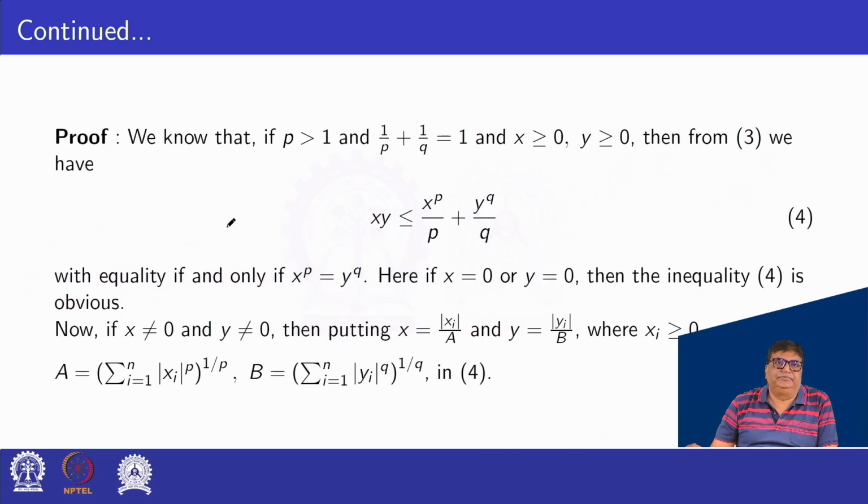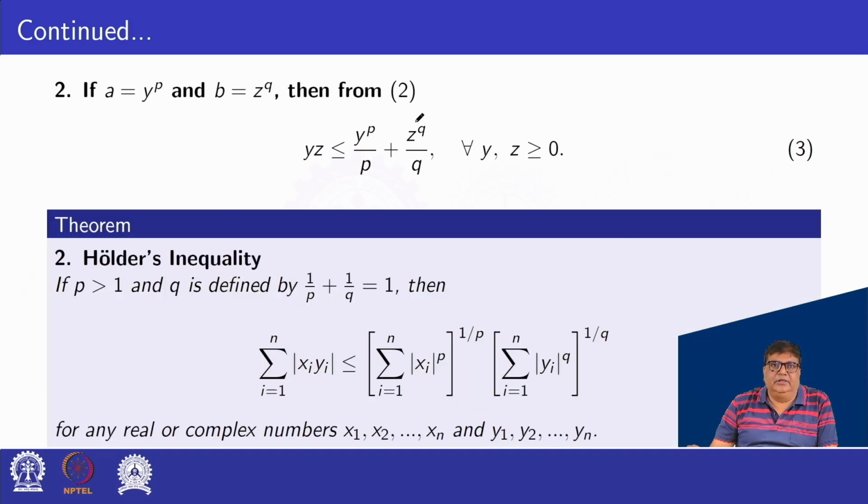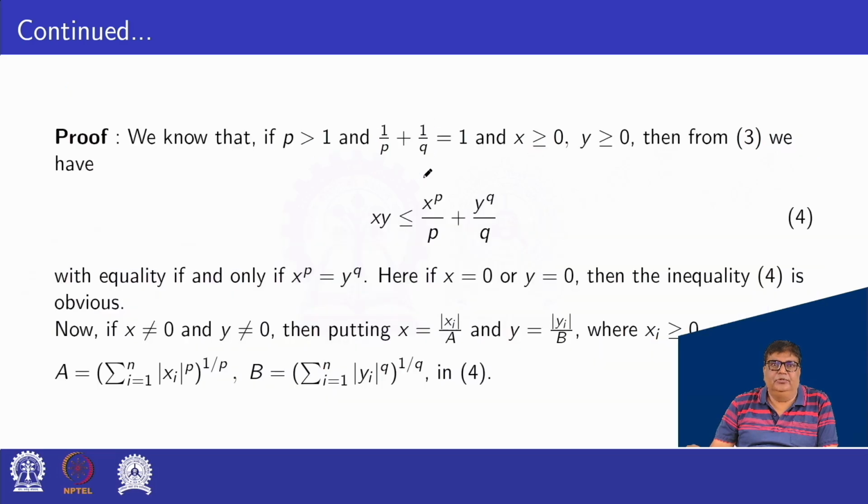Proof. We know that p is greater than 1 and 1 upon p plus 1 upon q is equal to 1, and x, y are positive. Then from equation 3, yz is less than or equal to y to the power p upon p plus z to the power q upon q.